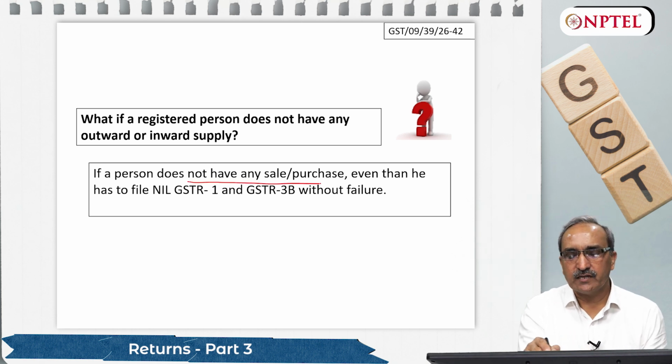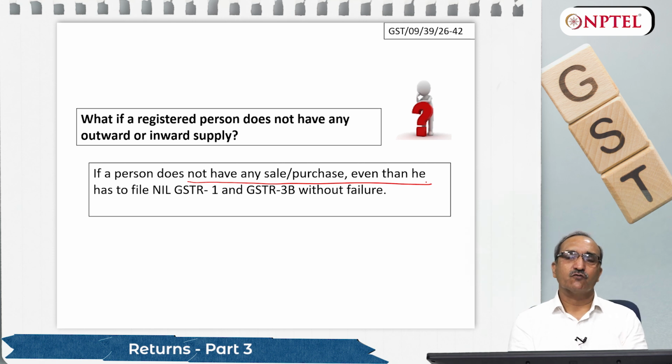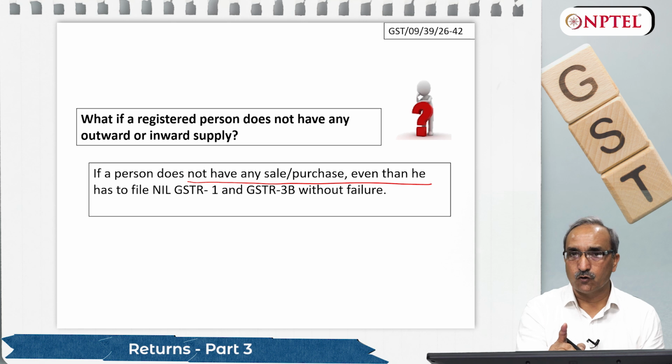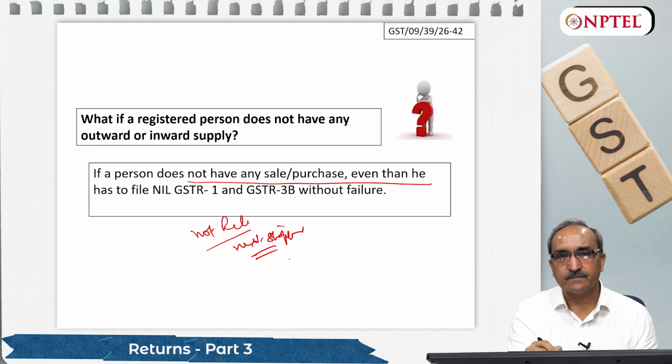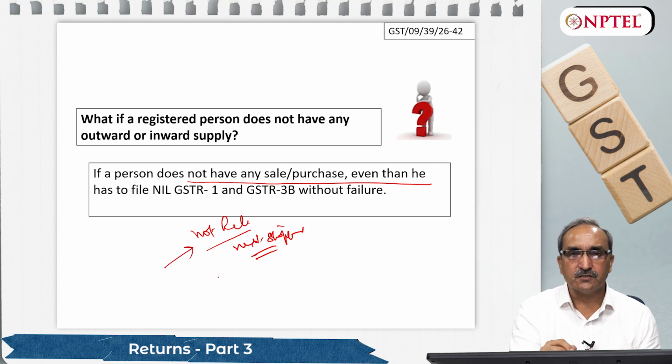If a person does not have any sale or purchase, even then he has to file a nil return without failure. If he does not file, I told you, his next return will be stopped. He will not be able to file next month's return. So a nil return is a must.